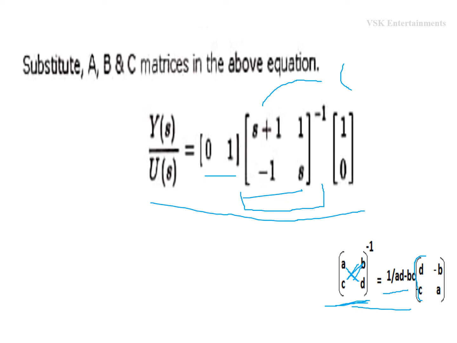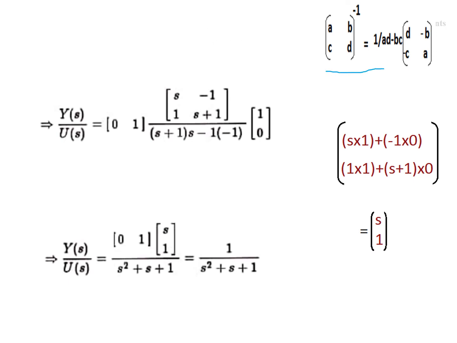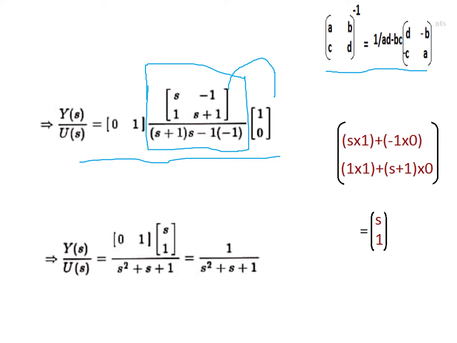Now apply this for obtaining the inverse of this matrix. By applying this formula we get this expression, and this term represents the inverse of (sI minus A). After finding the inverse, just multiply these two matrices.